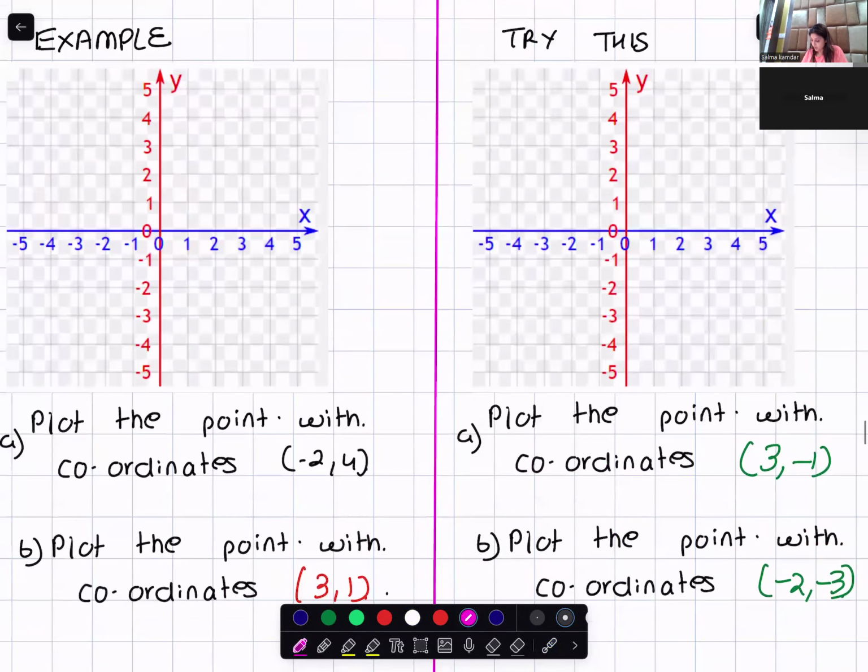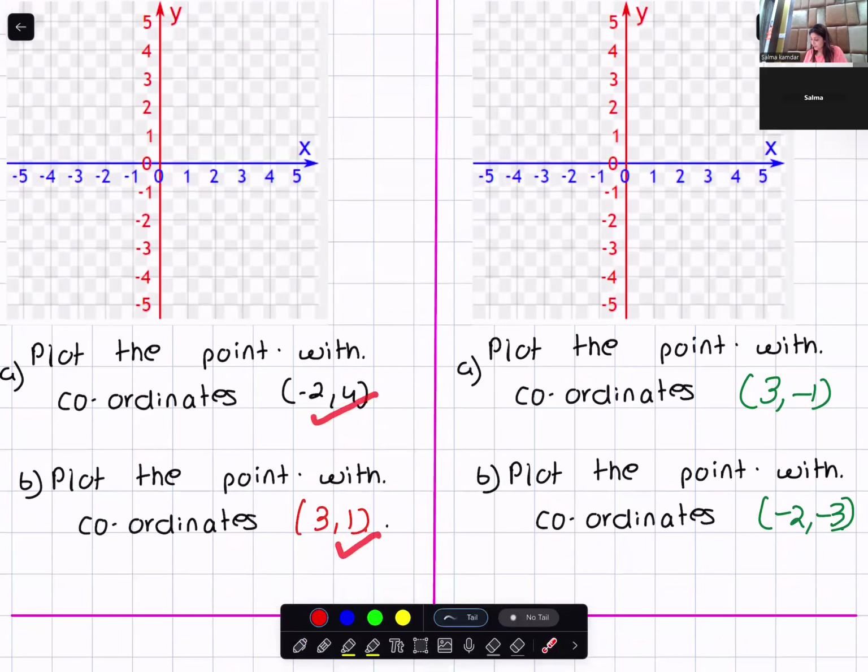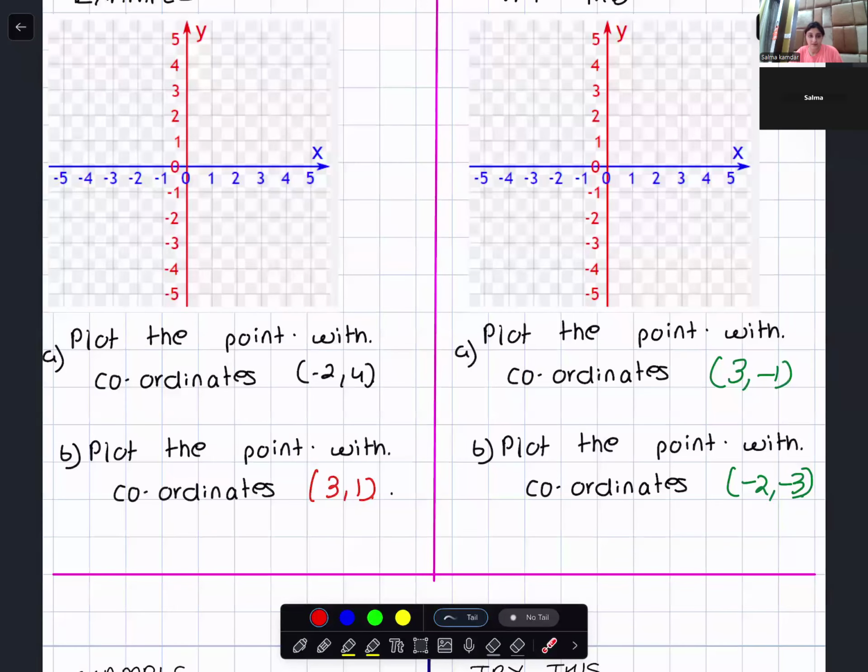Now you can just pause the video and try to plot the points with coordinates -2, 4, 3, 1, and over here with coordinates 3, -1 and -2, -3. I will wait. Now we have to plot the point with coordinates -2, 4.